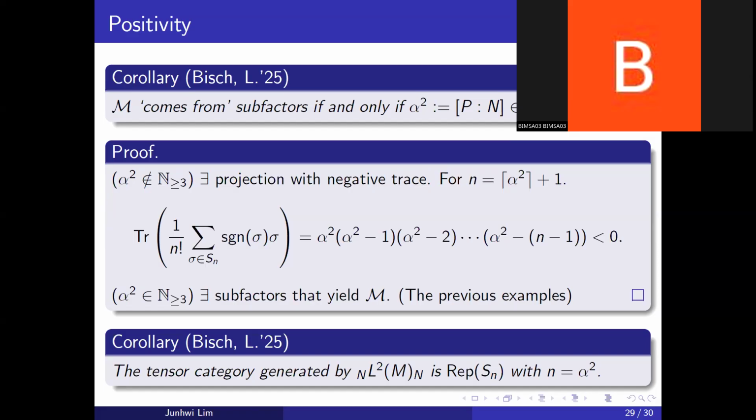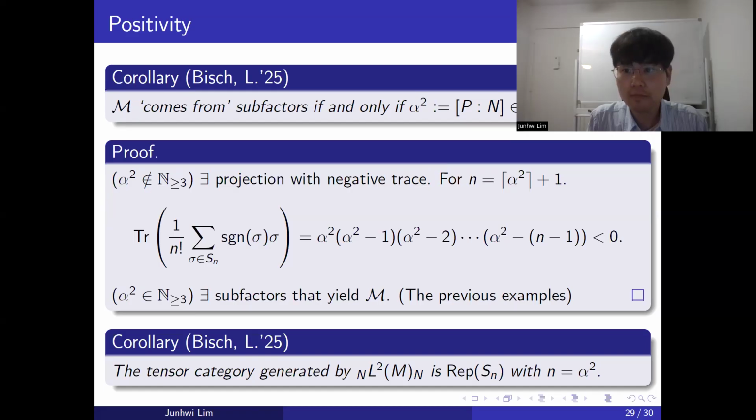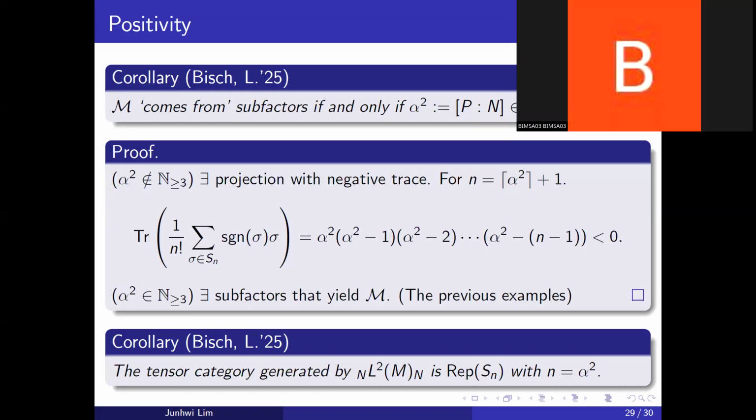So I have another question. You talked about a Deligne category. Your construction recovers the Deligne category, but at the end, it's not positive. So what you are saying is that Deligne categories are not unitary?